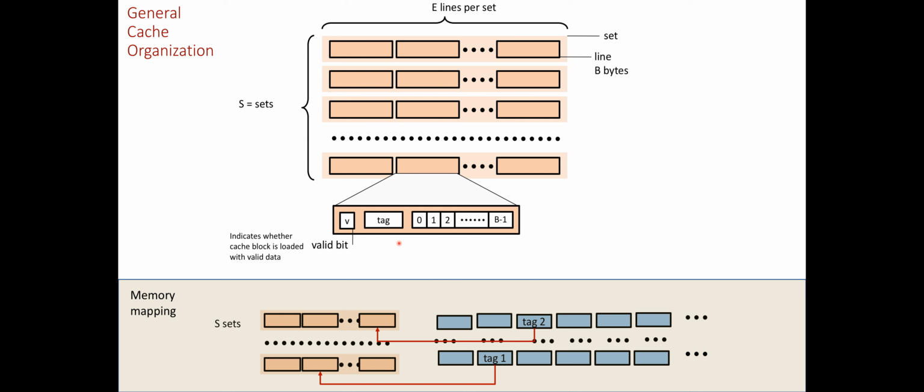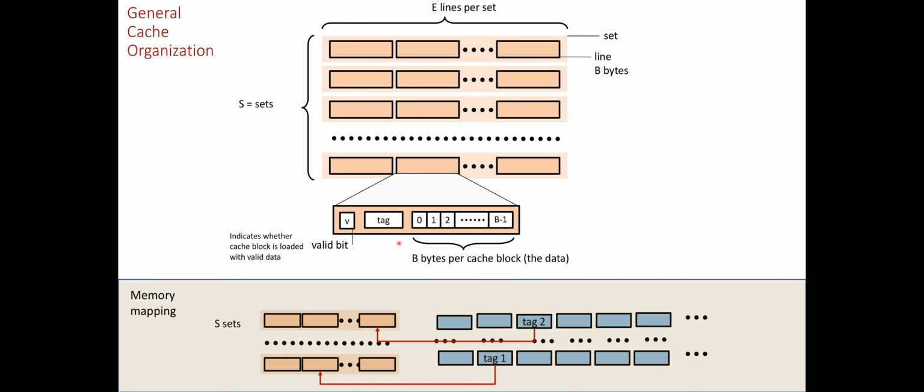Now, typically, these will get set invalid at the beginning of your program. And also when your program completes, sometimes the cache will get wiped out and declared invalid. These blocks here are the actual block data. And so these are your B bytes per cache block that are now held in the cache.